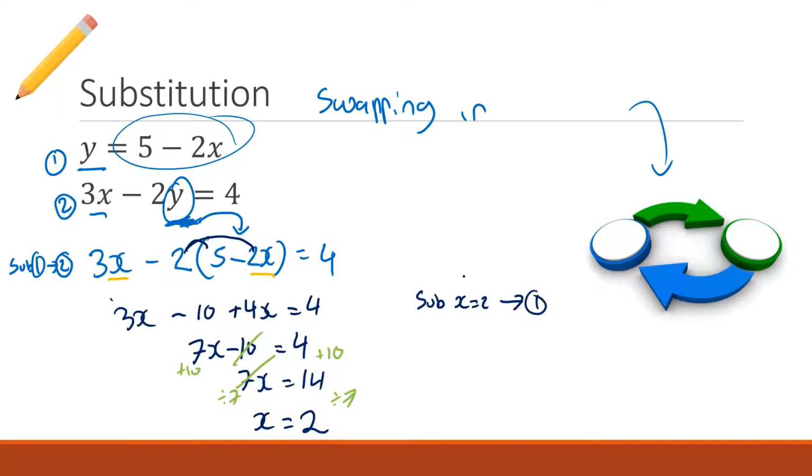What is that going to look like? y equals 5 minus, instead of writing 2x, I'm going to write minus 2 times 2. 5 minus 4 equals 1. y equals 1.